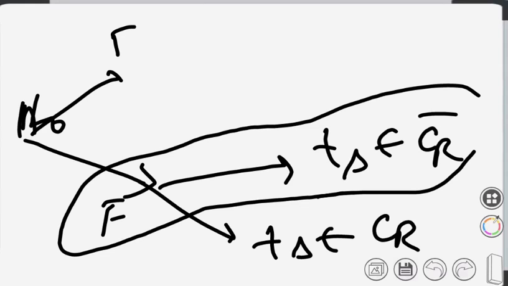Sorry, accepting the null hypothesis when it is false. Actually, this is what is called type 2 error. This is something very, very bad. Accepting which is wrong.